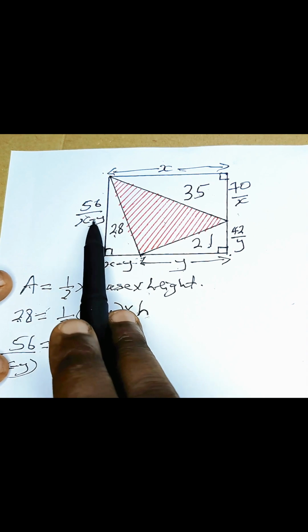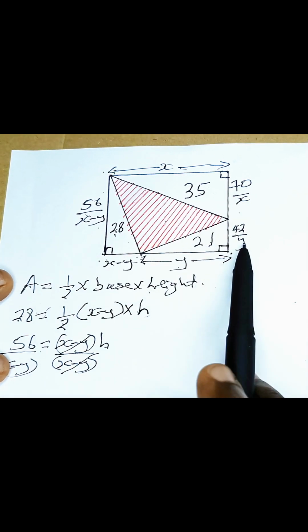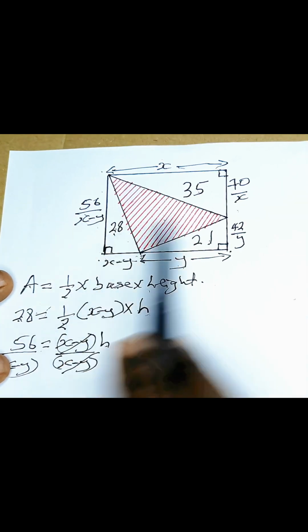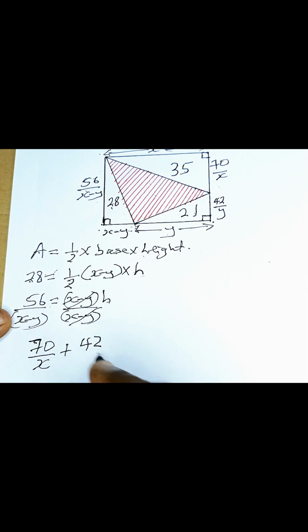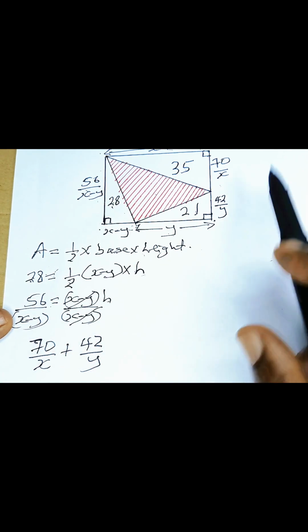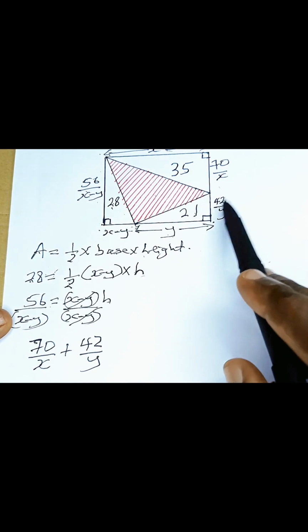56 over x minus y is the same thing as this plus this because they are the same. It means 70 over x plus 42 divided by y, these two, when you add them together, must give us this, which is 56 divided by x minus y. 14 can go here, 14 can go here, 14 can also go.